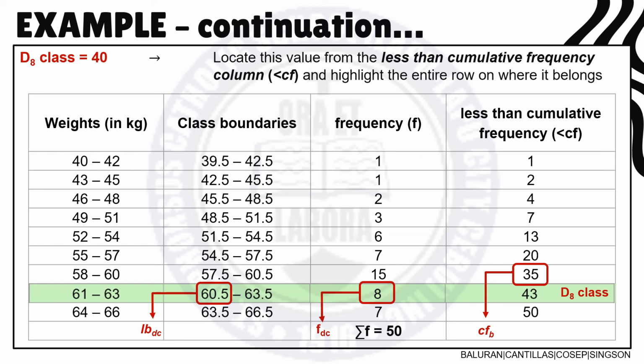Then you count how many quantities are within this class limits. So the interval here is equal to 3, or you may use this method: 64 minus 61. So it gives us a difference of 3. So that is also our class interval.